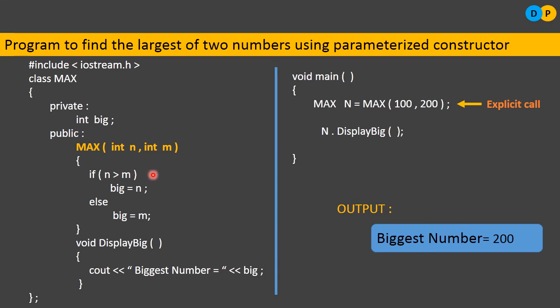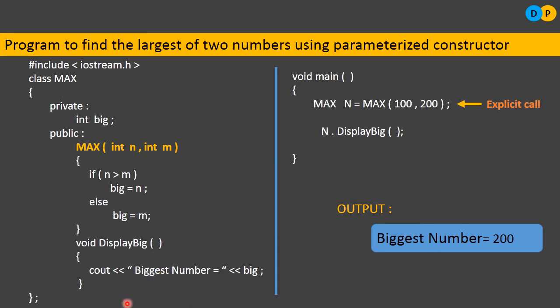Else, if this condition is false, big will be assigned the value of m. So this is a constructor. The parameterized constructor is completely defined here. Followed by this, we have the display big member function, using which we'll be displaying the biggest number. So this is the class declaration.